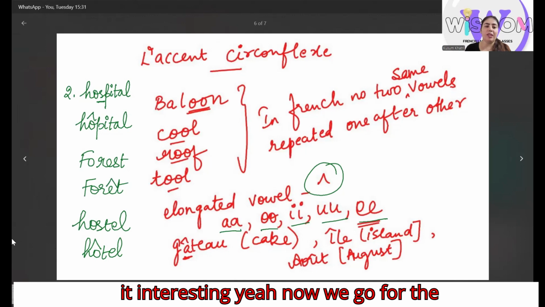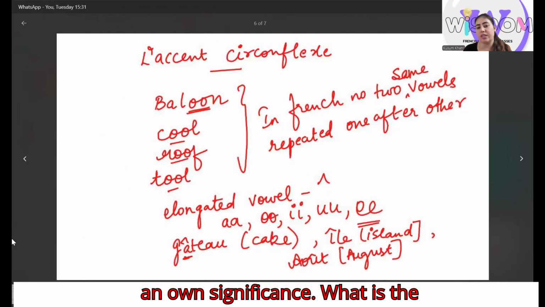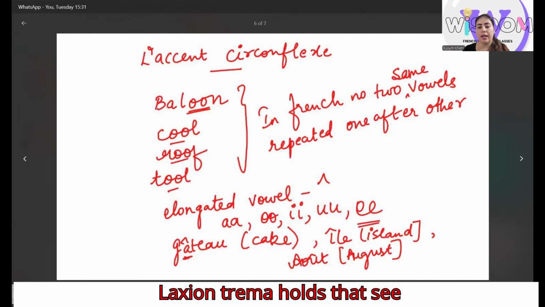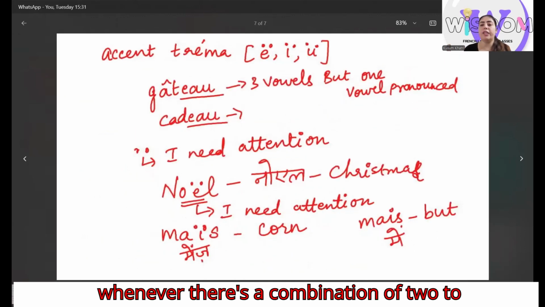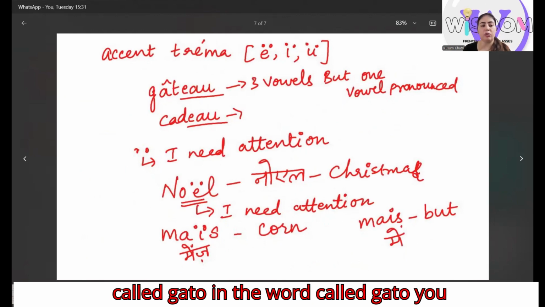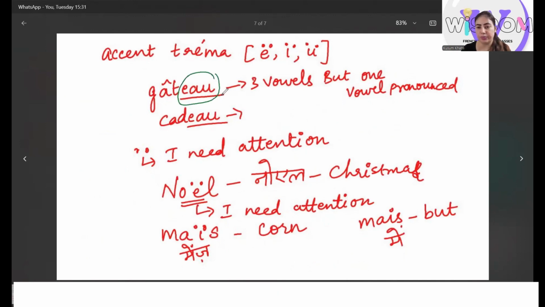Now we go for the last accent, that is the Tréma accent. L'accent Tréma has its own significance. What is the significance the accent Tréma holds? See, whenever there's a combination of 2 to 3 vowels, for example, in the word gâteau, you can see there are 3 vowels used together, E-A-U.